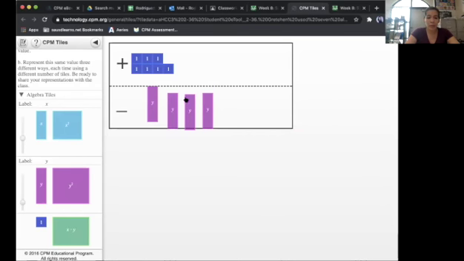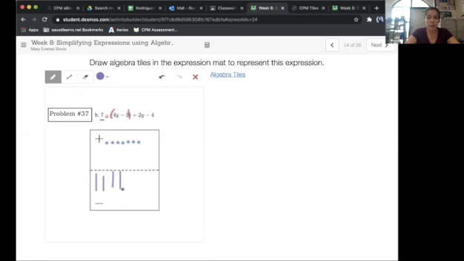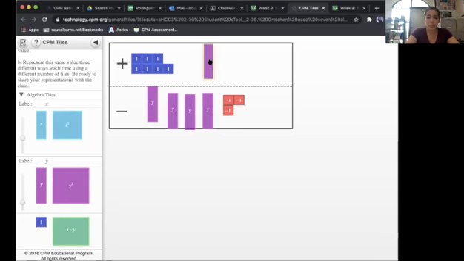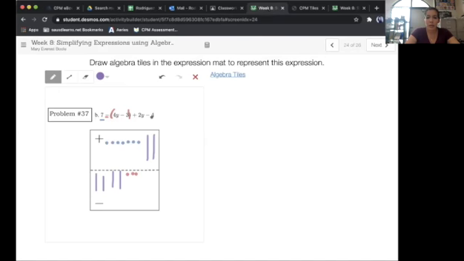-3, so if I go to the mat, I would do -3. So they're gonna be down here. Okay, and then let me go back. So if I go down here, I'm just gonna do red as well. You could just do them red. 1, 2, 3. Plus 2y. So these are not in parentheses, so these y's are gonna be on top. So plus 2y. So I would do it on the tiles as well. So plus 2y. And then the last thing says -4.